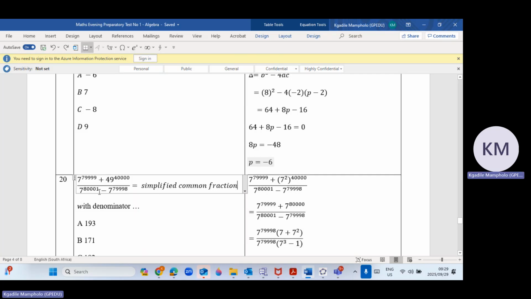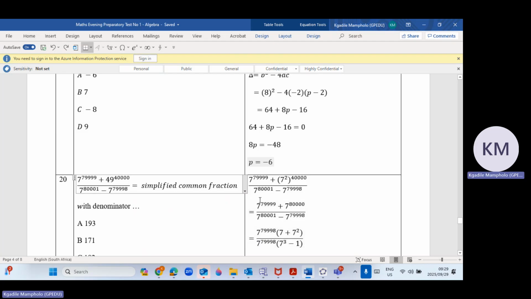Now in this case, you make the bases the same, it's 7 to the power of this. We know that in this kind of question, the smaller exponent will be your common factor. After you simplify this, the smaller exponent in this case will be 79,998.